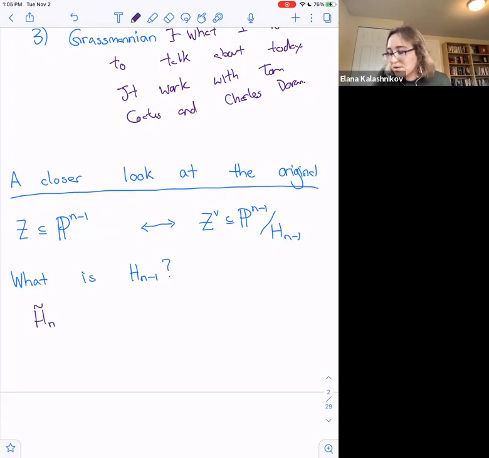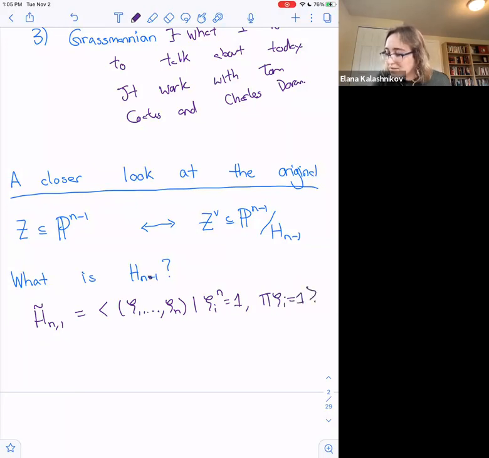So the first group is H tilde_{n,1}. And this is going to be n-tuples of nth roots of unity, so each zeta_i^n is equal to 1, and the product of the zeta_i's is equal to 1.